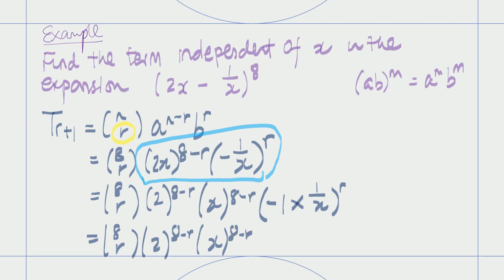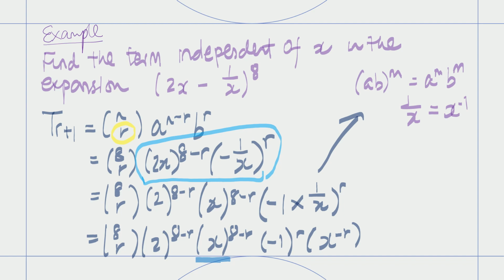So again, I can apply this rule here. Just make sure you bracket the negative 1. Another thing to take note of is that 1 over x can be written as x to the power negative 1. So that will give me x to the power negative r. Just now we mentioned regrouping. So what is it that I want to regroup? This one here and this one, I'm going to combine them together.